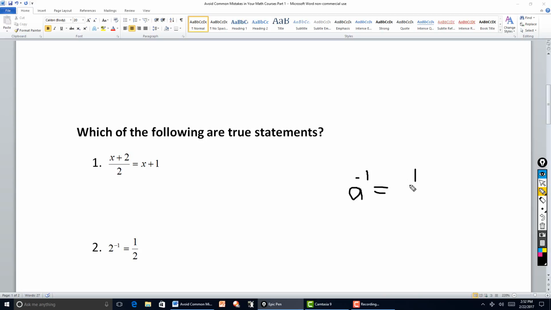Is that the same thing as 1 over a? And that is true. That's one of your definitions, where the base cannot be 0, because otherwise you have 1 over 0, which is undefined. So number 2 is a true statement.